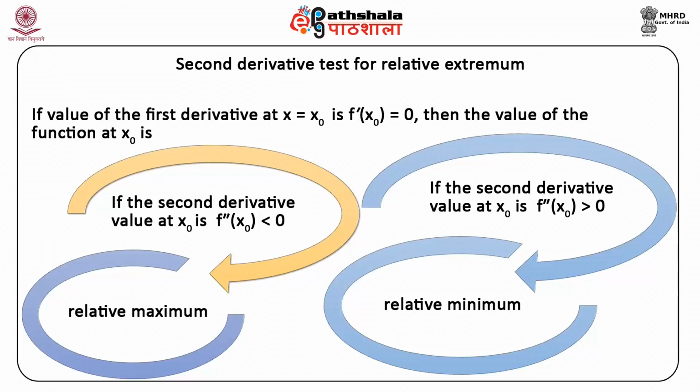This test is more convenient to use than the first derivative test because it does not require us to check the derivative sign to both the left and right of x0.